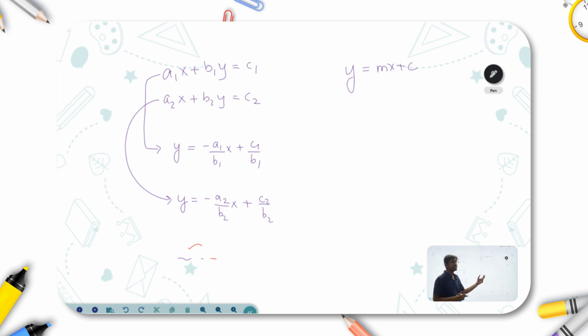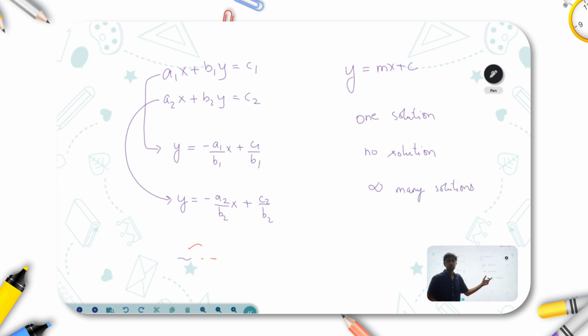Now, a system of linear equations, since they represent straight lines, can have one of three possible cases. They either have one solution, they have no solution, or they have infinitely many solutions.